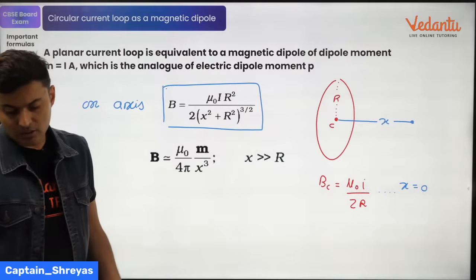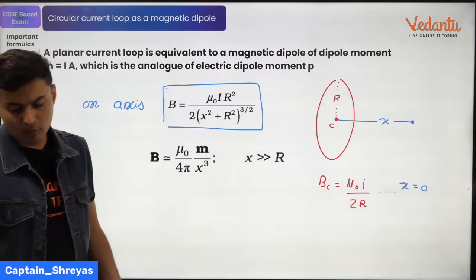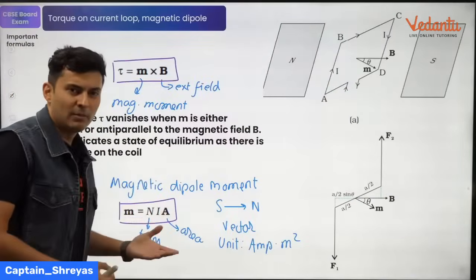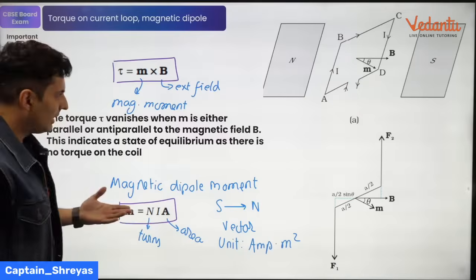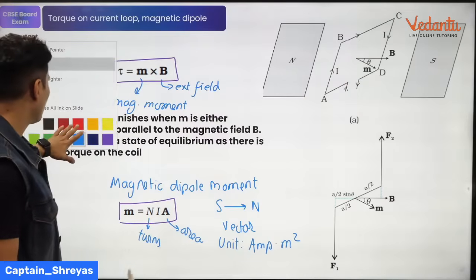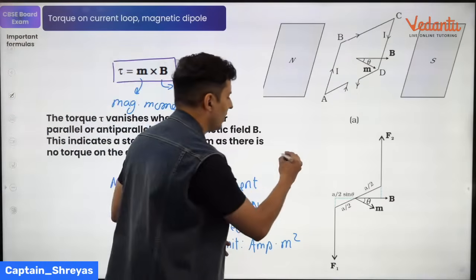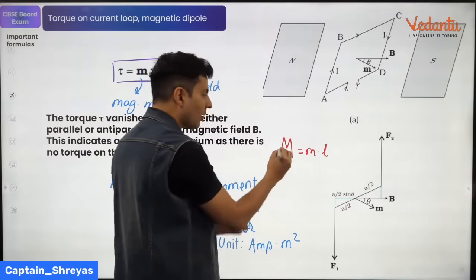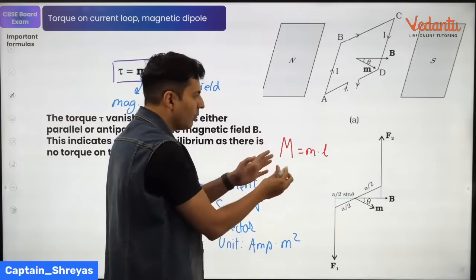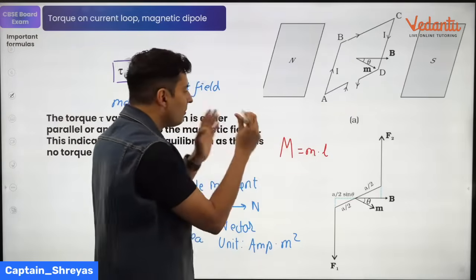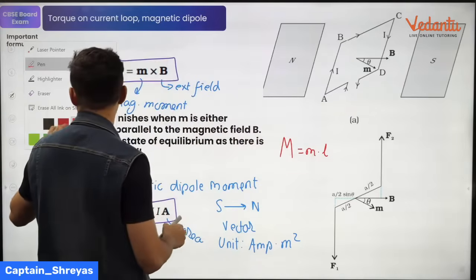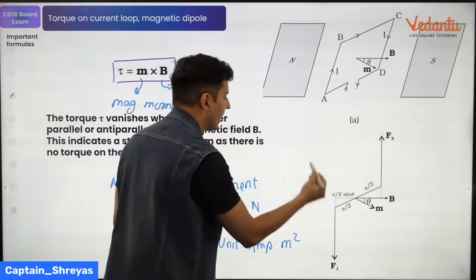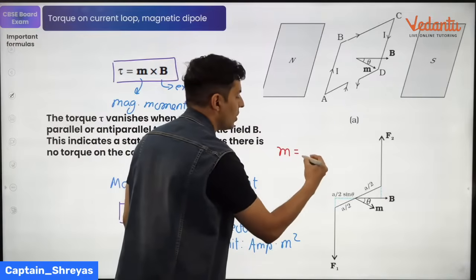Sir, is M pole strength or magnetic moment? So some books use different symbols, guys. Let me also tell you, in some books they use capital M is small m into length. It depends which book you are following. Technically, you should actually use capital M, and this is small m into L. Capital M is for magnetic moment, small m is for pole strength. But if you have already used small m for the magnetic moment, then you can also write small m is equal to pole strength.